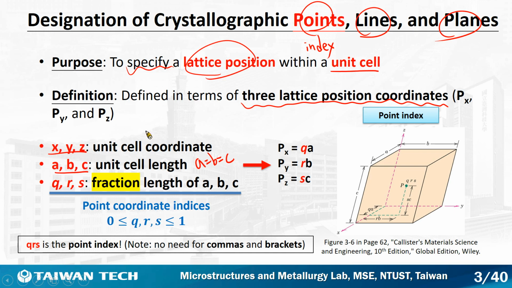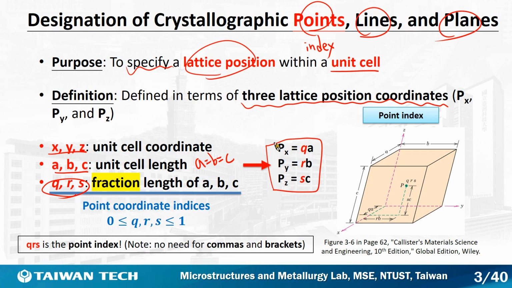Okay, and q, r, s is actually our point index. For example, you see the equations here. Px is actually the location of the lattice position, and we use qa to express it.